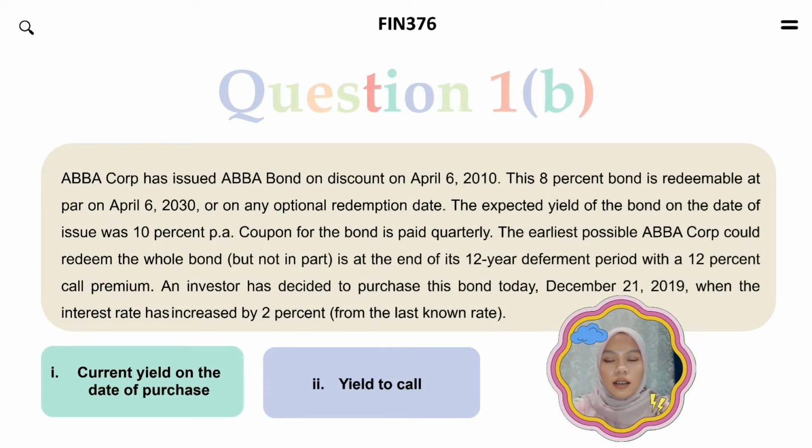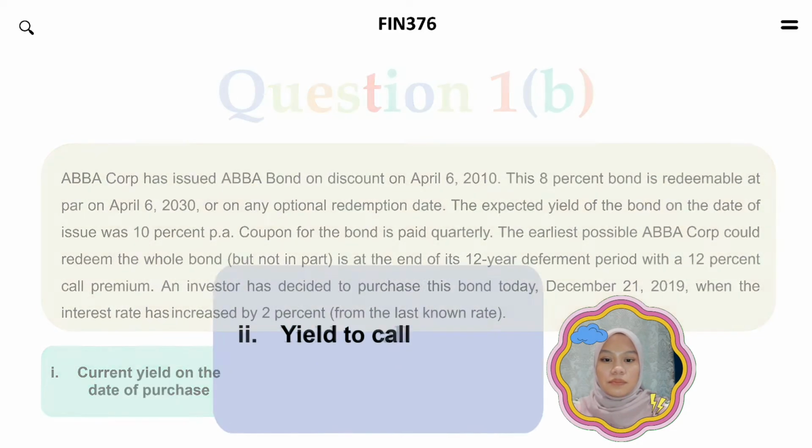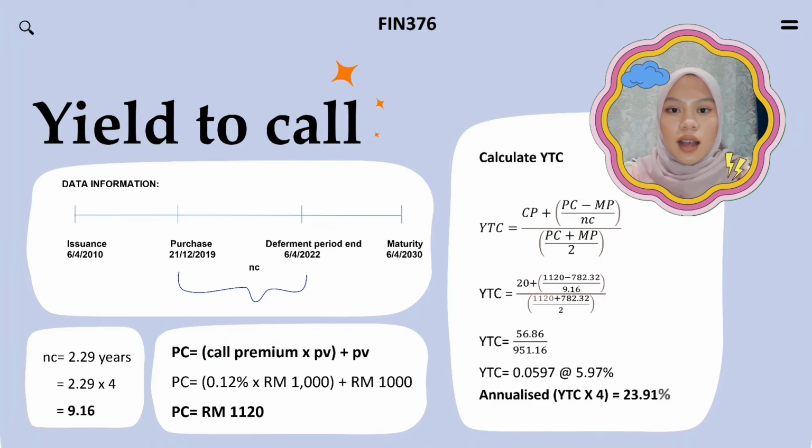Next question is to find yield to call. So, how to find the yield to call? For this question, let me explain a little bit more detail about it. First, to find yield to call, I have made a time frame of this bond to see it more clearly.